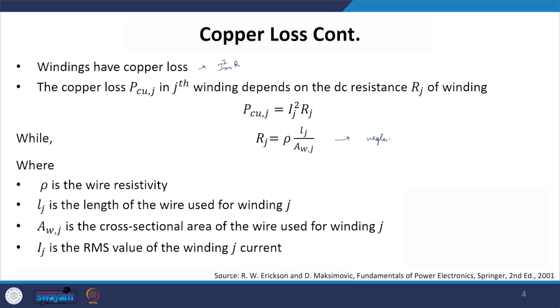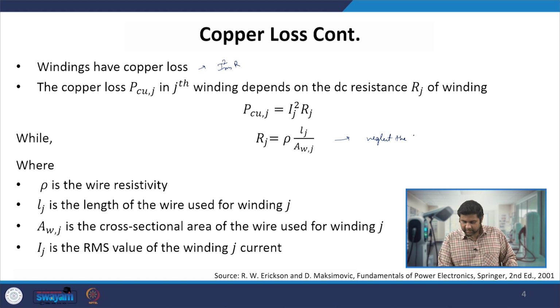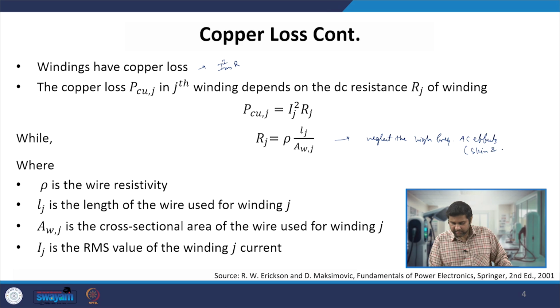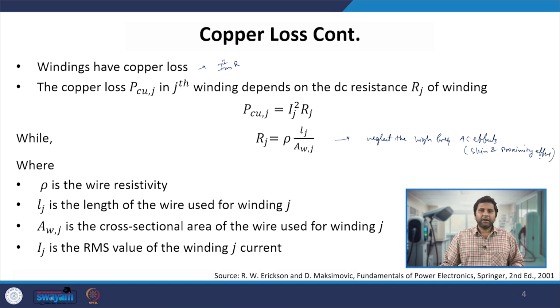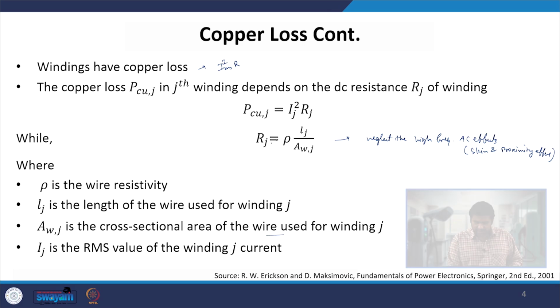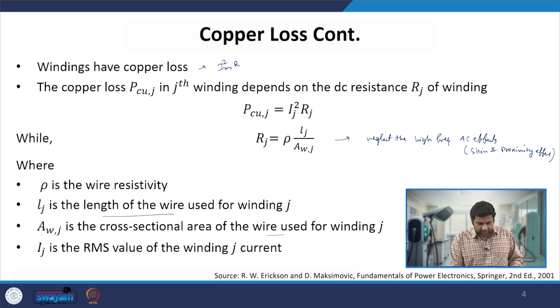And this Rj, if we neglect the high frequency AC effects, which are skin effect and proximity effect, is given as rho Lj by Awj, where Awj is the cross section area of the wire used in the jth winding, Lj is the length of the wire used to wind the winding j, and rho is the wire resistivity.